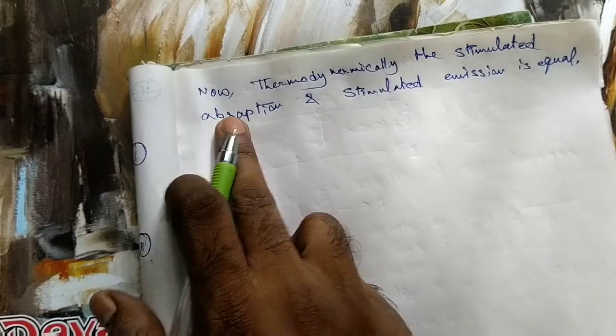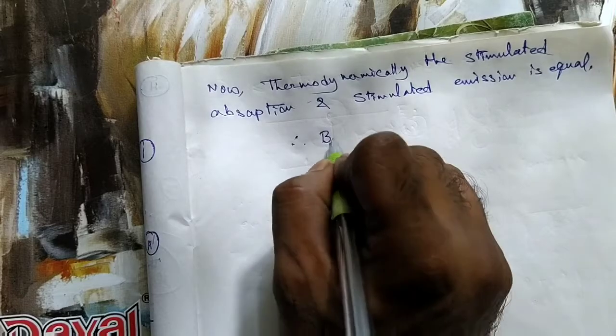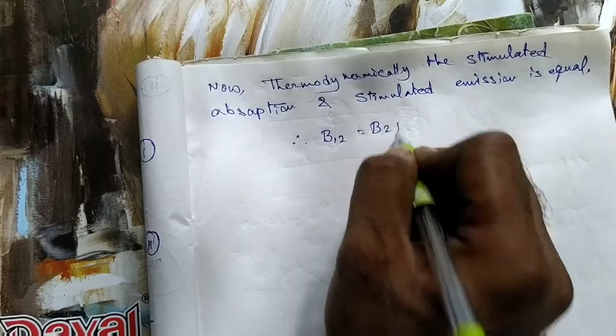That means how many atoms absorb the external energy, that many atoms again for stability come over from energy state 2 to energy state 1. So the stimulated absorption is equal to stimulated emission.